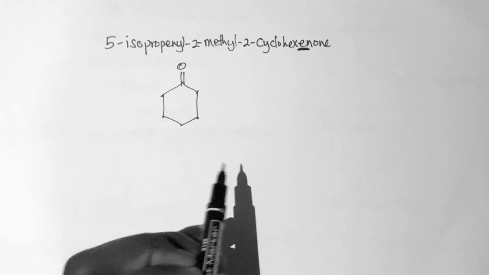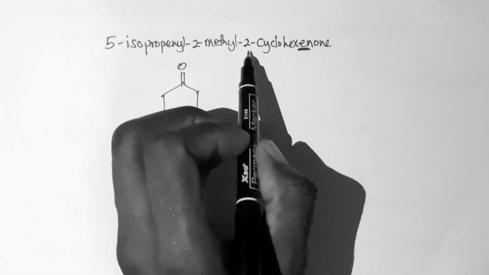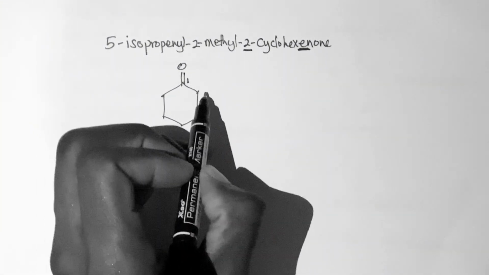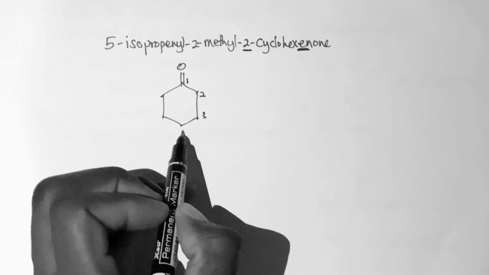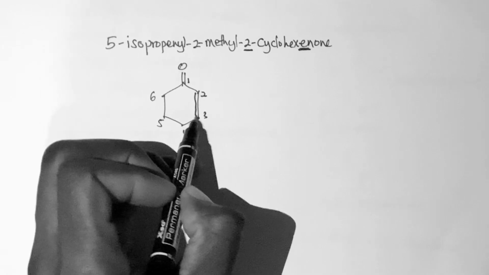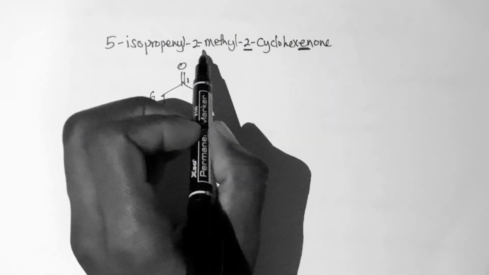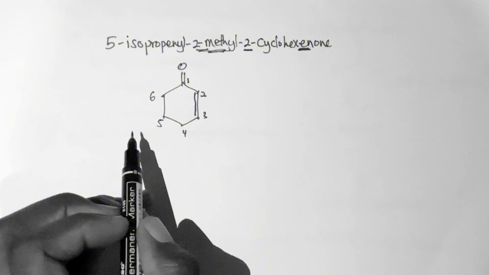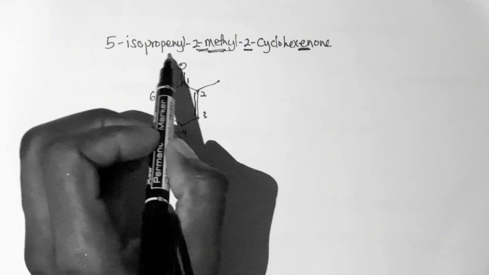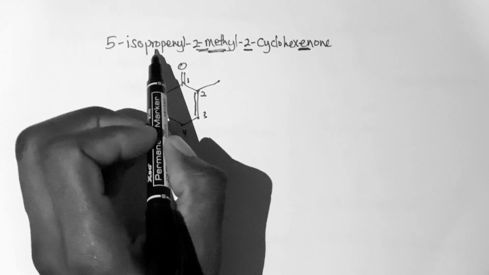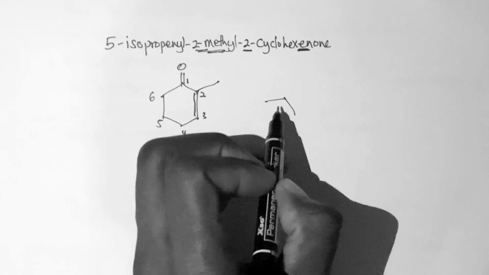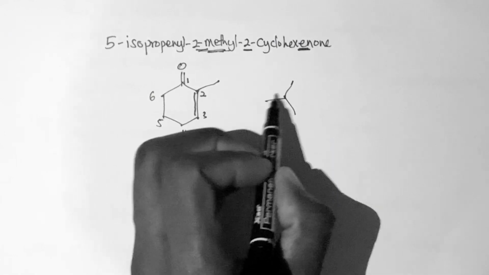Because of this, it means that there is an alkene functional group, and that alkene functional group is on carbon number 2. So this is carbon number 1, carbon number 2, number 3, number 4, 5, and then 6. So the alkene functional group is here. Then we also have a 2-methyl substituent. So this is the 2-methyl substituent. And then we have this, which is the 5-isopropenyl. Now, this is the structure of an isopropyl.